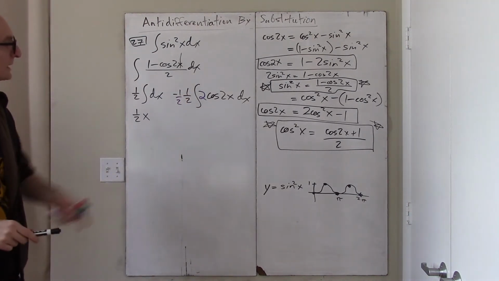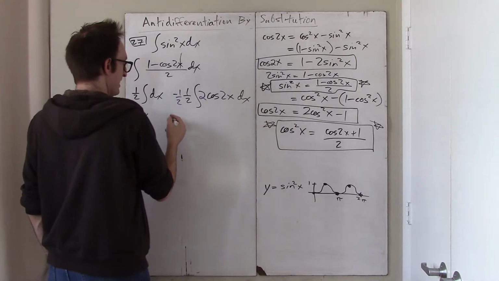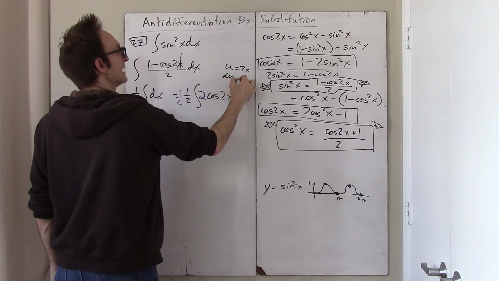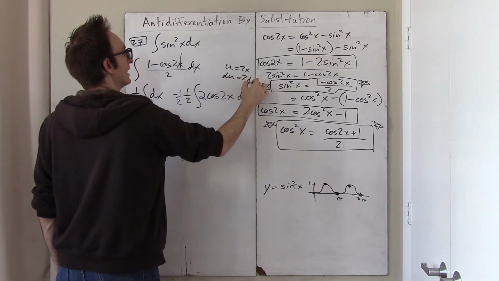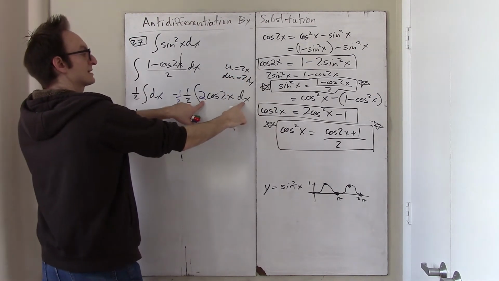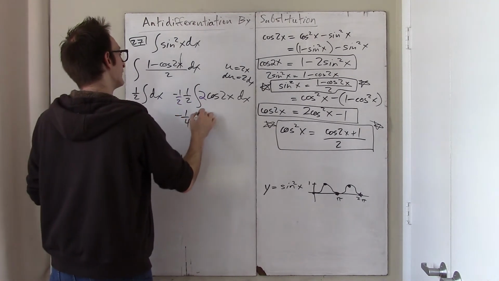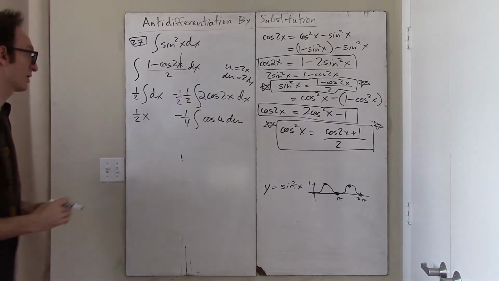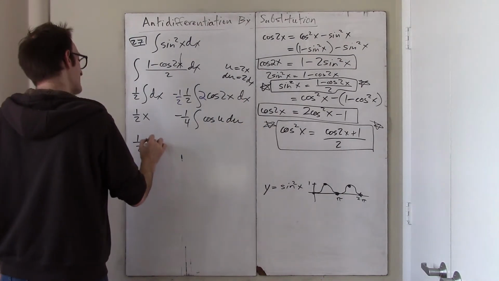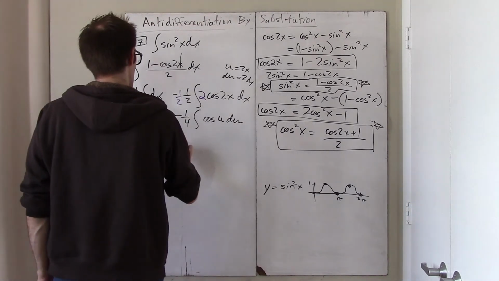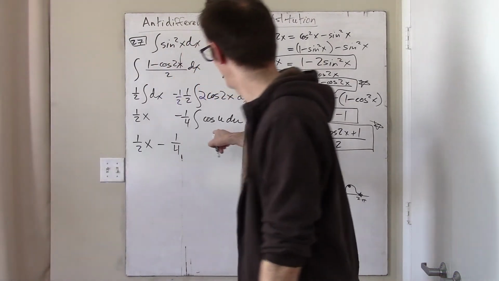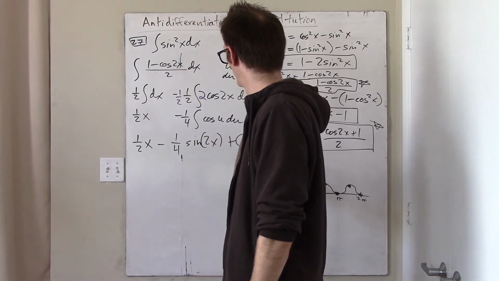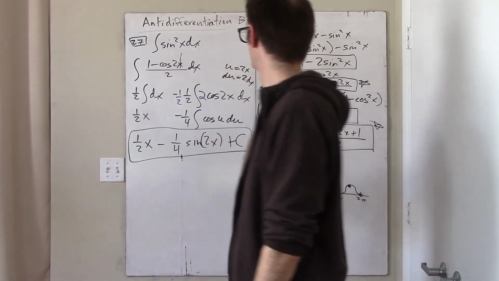But what we're doing here is letting u be 2x, and so du is 2 dx, so that 2 and that dx are the du, and this really is 1/4 cosine u du. Therefore, the answer to this problem is 1/2 x minus 1/4, and the antiderivative of cosine is sine, so sine 2x. Boom, boom, boom. Okay.